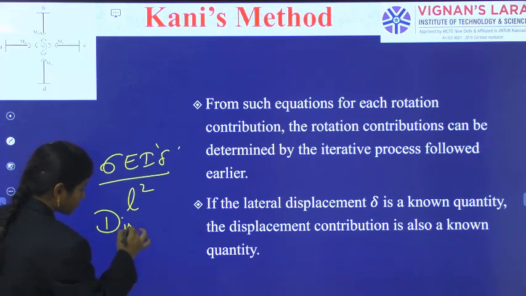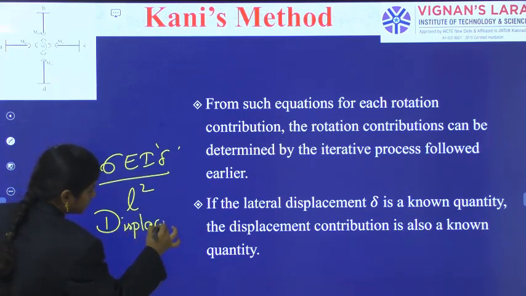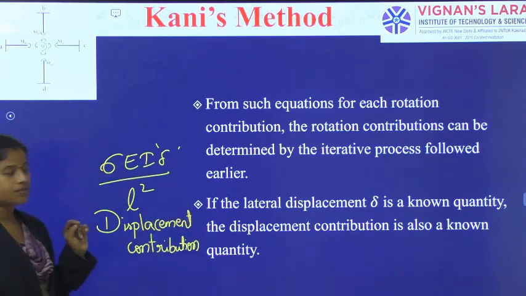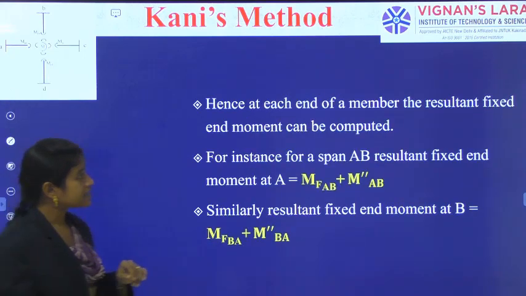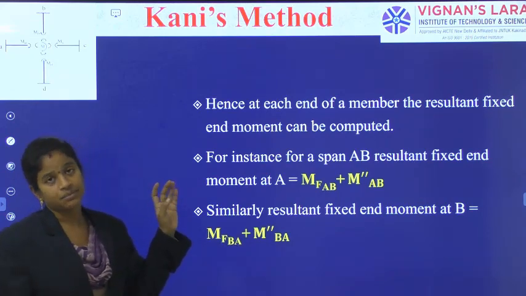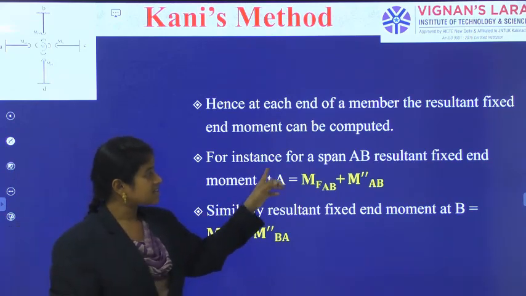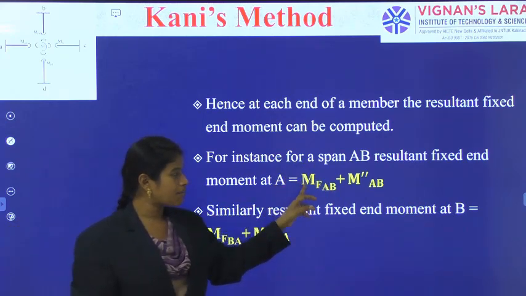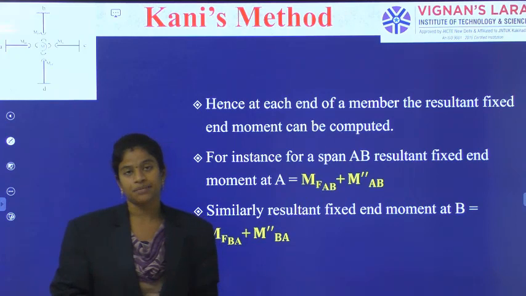So this displacement contribution is also a known quantity for you. Hence, at each end of the member, the resultant fixed end moment can be computed. For instance, for a span AB, the resultant fixed end moment is equal to MFAB plus M double dash AB.